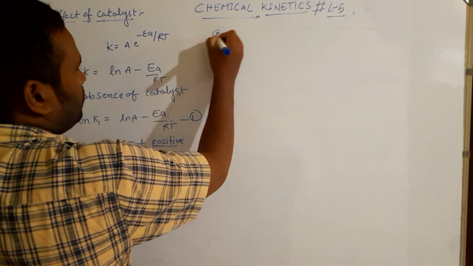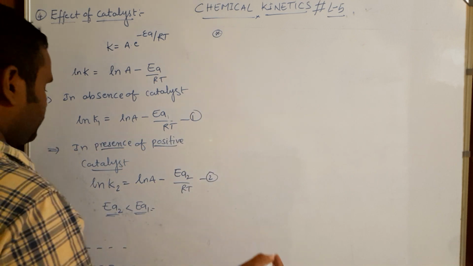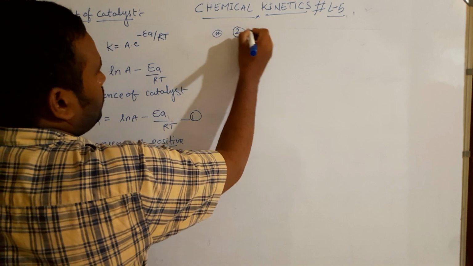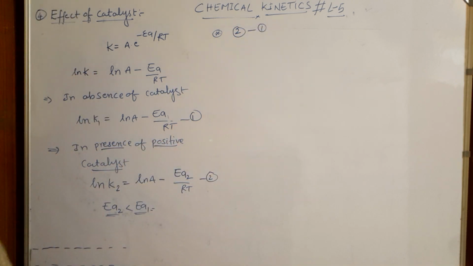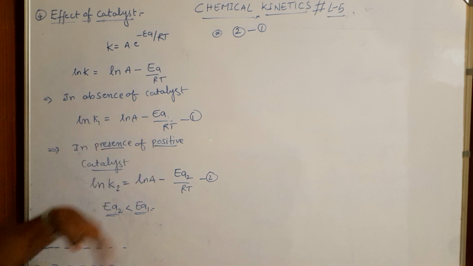Now let us do equation 2 minus 1 to get the relation between the rate constant in the presence of catalyst and in the absence of catalyst.